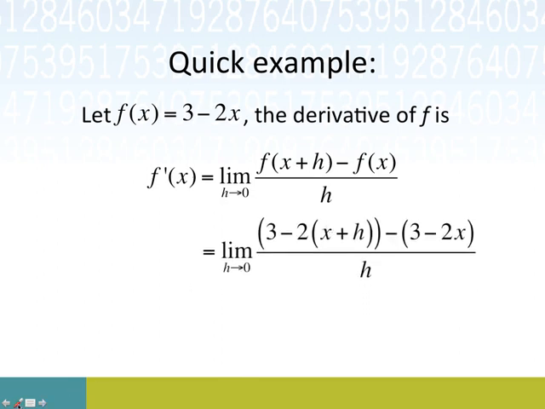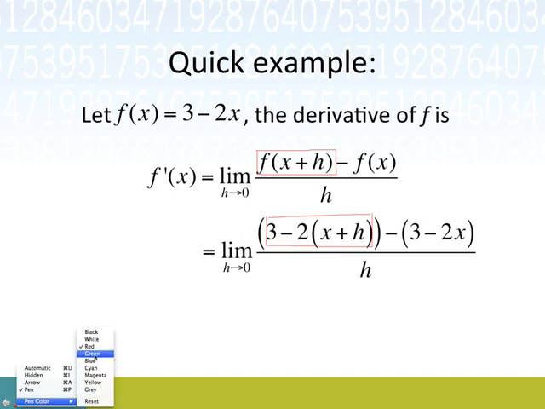Then with some expansion, we could take this expression, and all this corresponds to is f of x plus h. And the way we expand that, as usual, when we evaluate a function is to go back to the original defining function, 3 minus 2x in this case, and replace all the x's with x plus h. So instead of 3 minus 2x, we've got 3 minus 2 times x plus h.